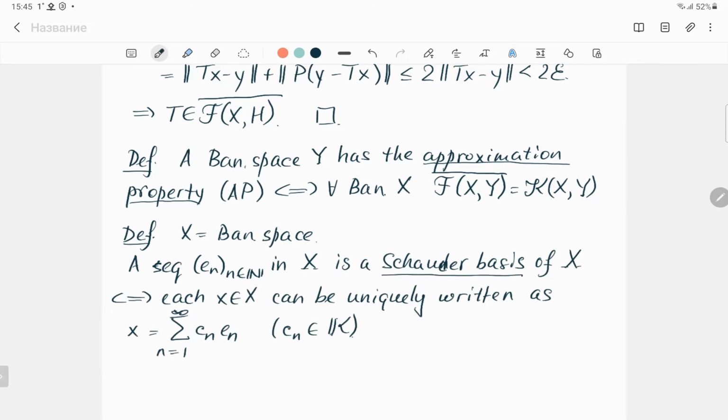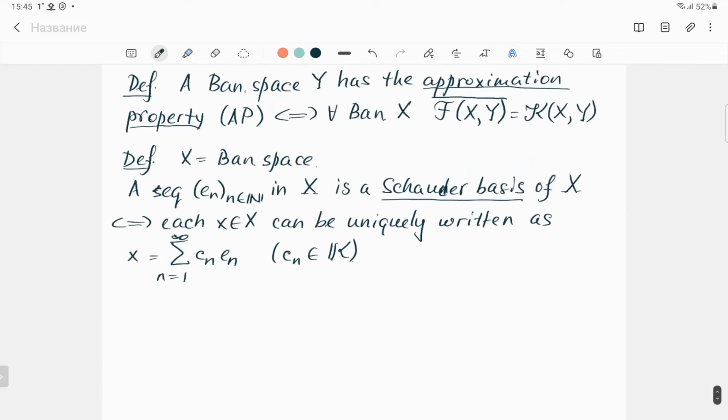Well, the definition is due to Schauder, and it looks quite natural. It's just a natural generalization of a basis of a vector space. But of course, it's essential here that we have an infinite series. So this doesn't imply that the linear span of these vectors is the whole of X. But on the other hand, it's immediate from the definition that this linear span is dense in X. And this is possible only in the case where X is separable.